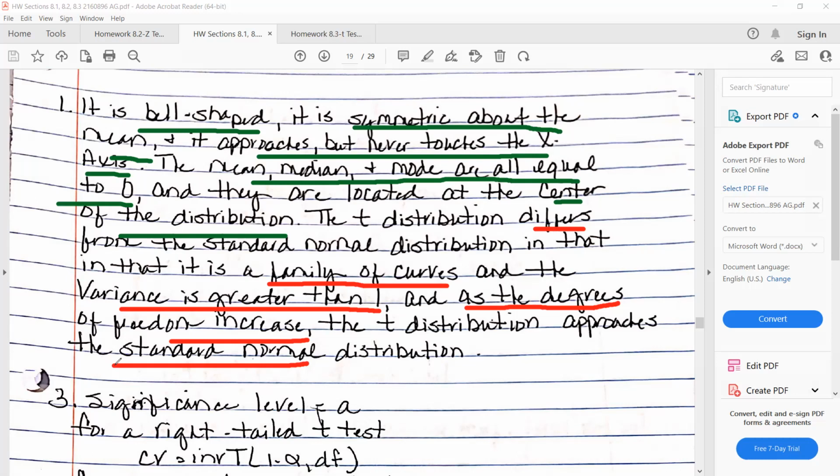Okay. Now the second question, as I said, is about the skills that you need. What we're going to learn to do now is find critical values. Remember, we have instructions for how to find critical values on the slides.